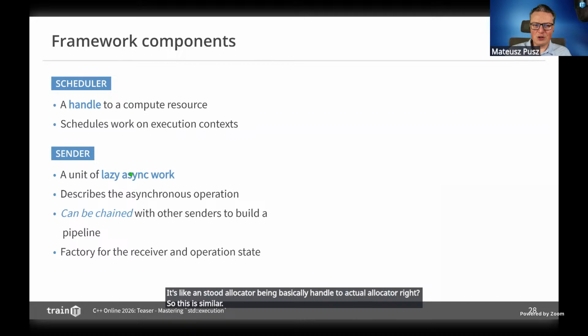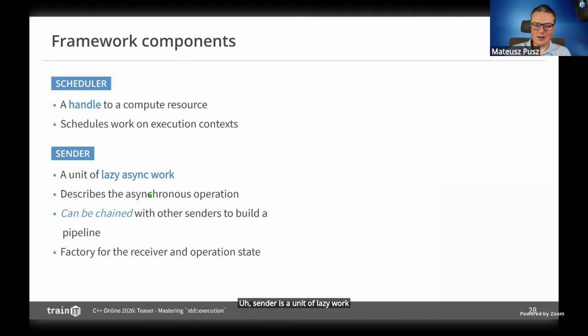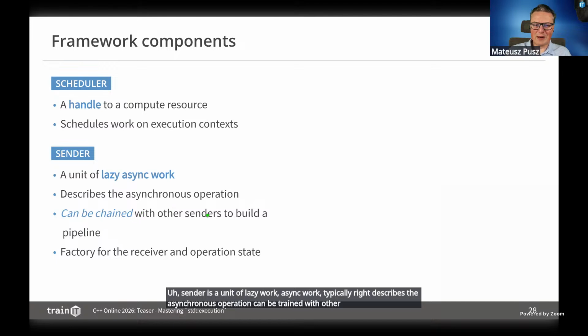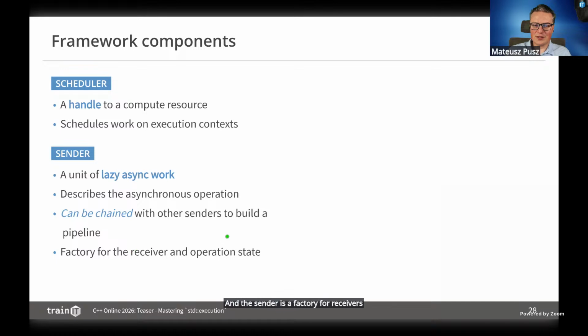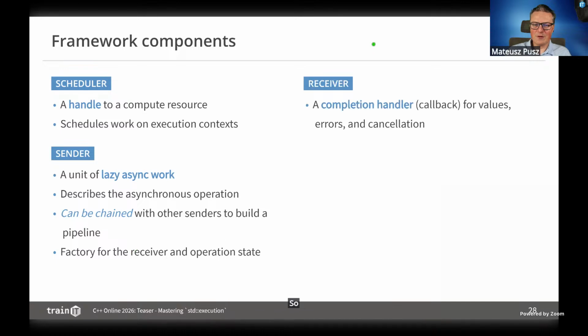A sender is a unit of lazy work, async work typically, right? It describes an asynchronous operation and can be chained with other senders to create pipelines. And a sender is a factory for receivers and operation states. So what is a receiver? A receiver is basically a completion handler, a callback that can accept values or propagate values, errors, and cancellation.